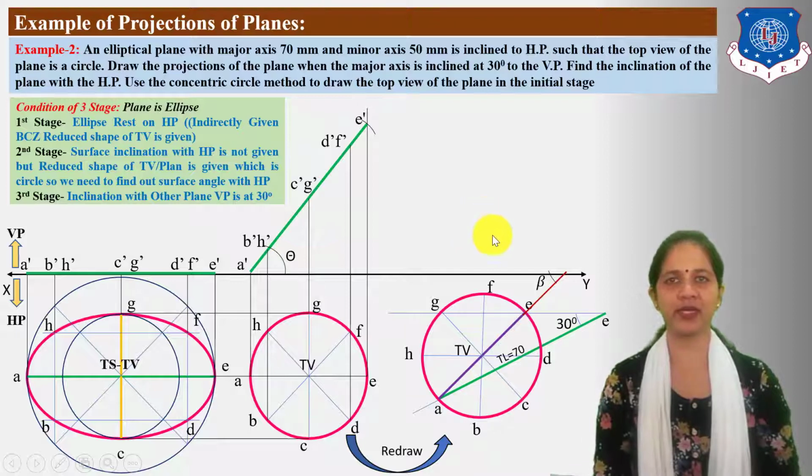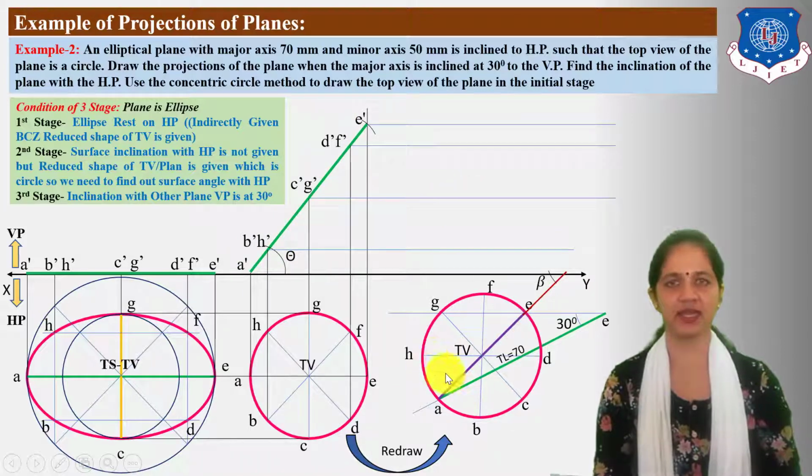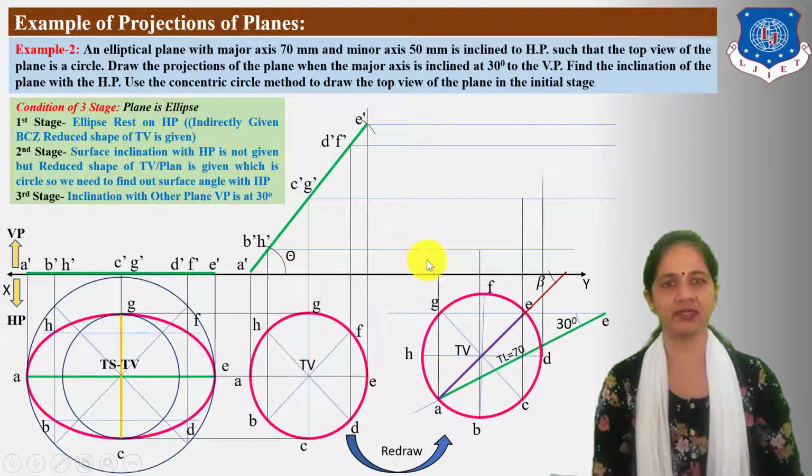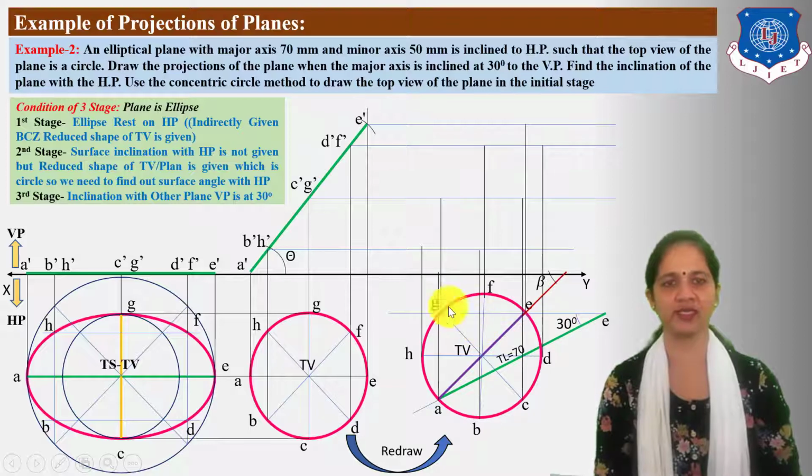Now for the apparent shape in front view, draw horizontal projection lines from the inclined front view points and draw vertical projection lines from the inclined reduced top view points. Here, the horizontal and vertical projection lines for a particular point intersect at one point.